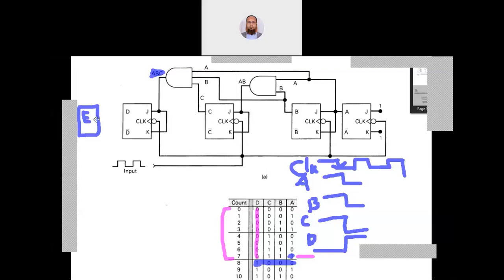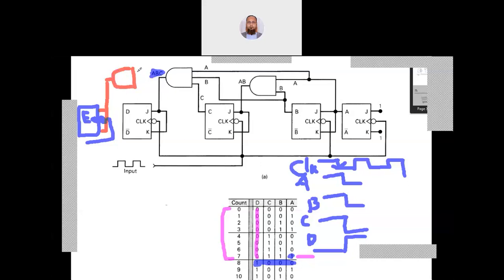Okay, definitely clock will be there. You cannot deny clock. So clock will be there. What about J and K? So J will be here and K will be here, and these two will be connected to an AND gate.